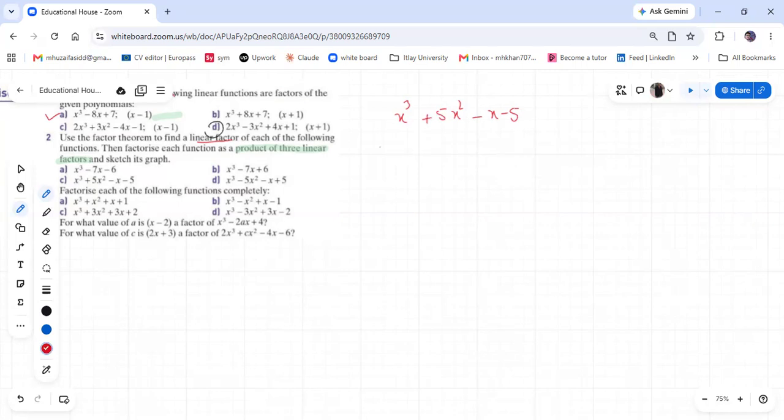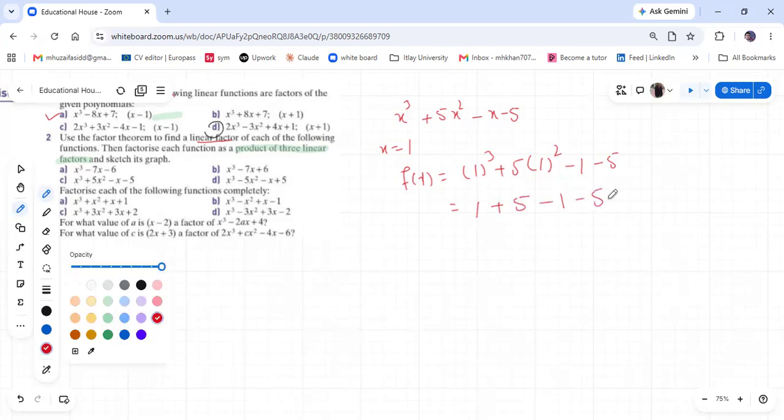If we set x equal to plus 1, this gives us f(1) equal to 1 power 3, plus 5 into 1 square, minus 1, minus 5. So this is 1 plus 5 minus 1 minus 5. This is very easy: plus 5 and minus 5 cancel, minus 1 and plus 1 cancel.